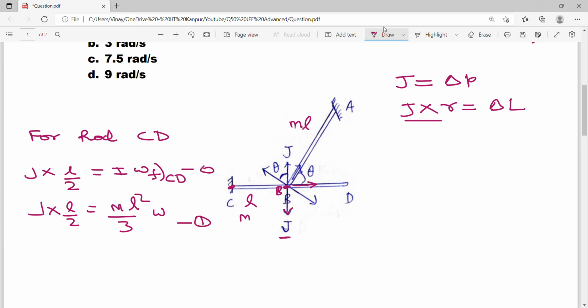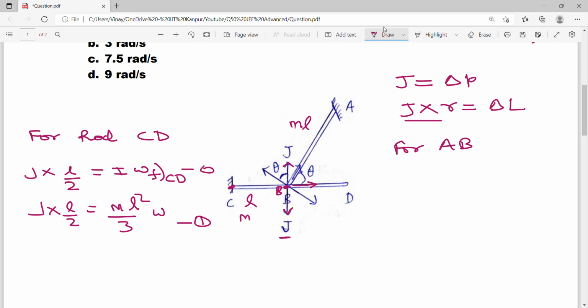Now for rod AB, let's take the angular moment of momentum. So tell me one thing, this is J, right? If AB is applying momentum on CD, the same momentum is going to be applicable in the opposite direction on AB. Just opposite, Newton's third law.